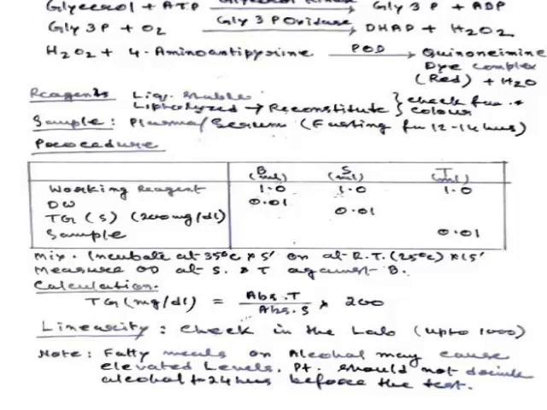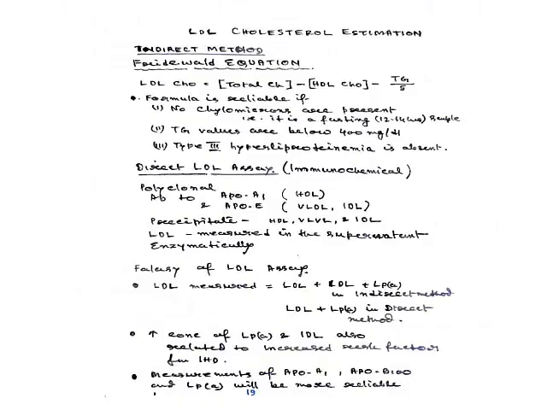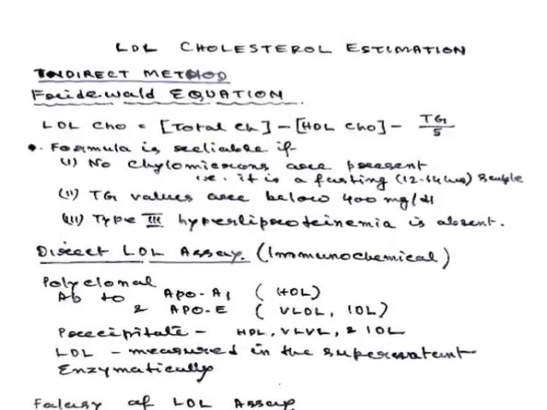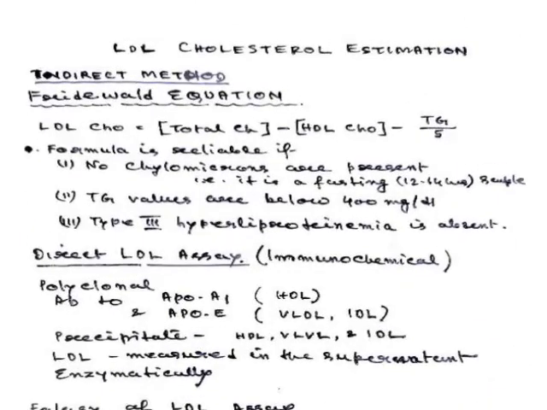Now about the LDL and HDL, there are different methods. Previously LDL was measured indirectly by using a formula, Friedewald's equation: LDL cholesterol is equal to total cholesterol minus HDL cholesterol minus Tg by 5. This is commonly done when only HDL is measured.